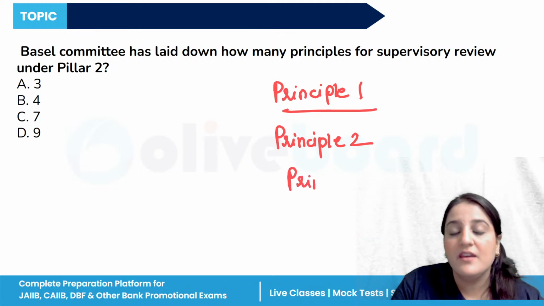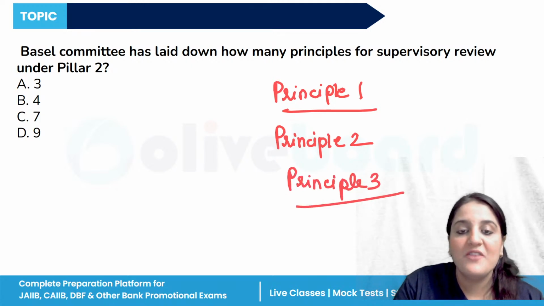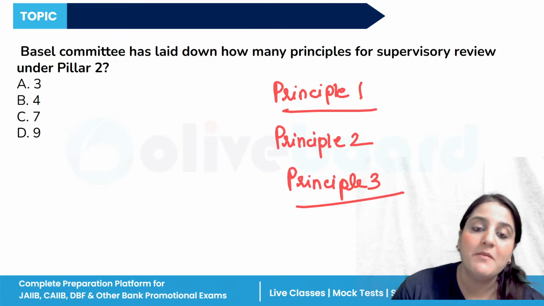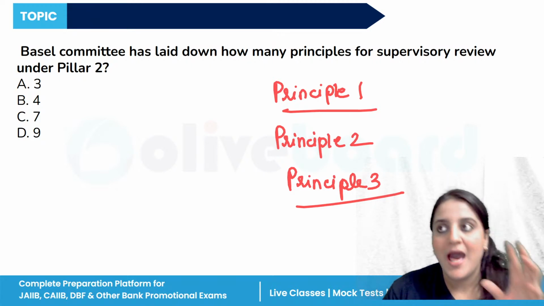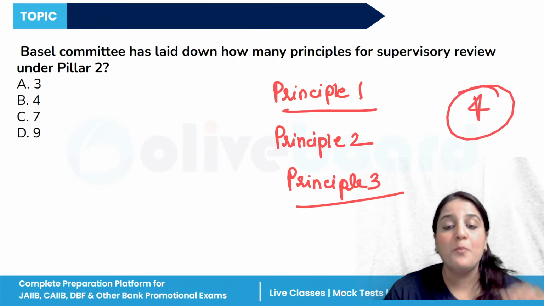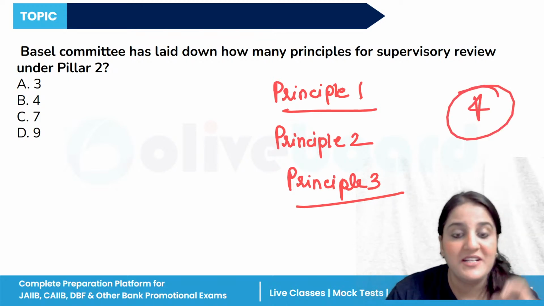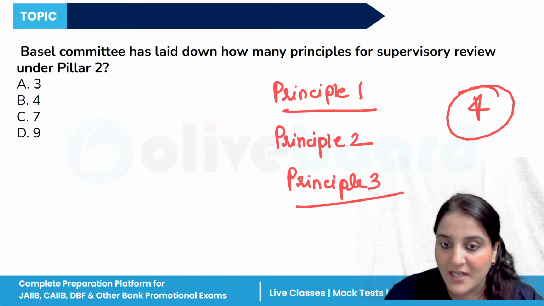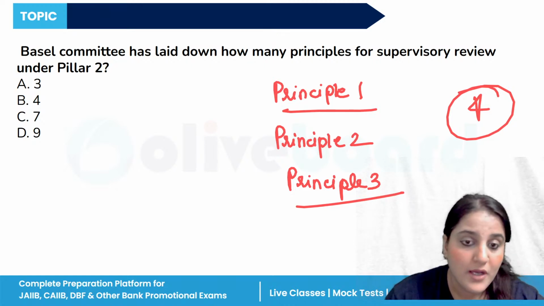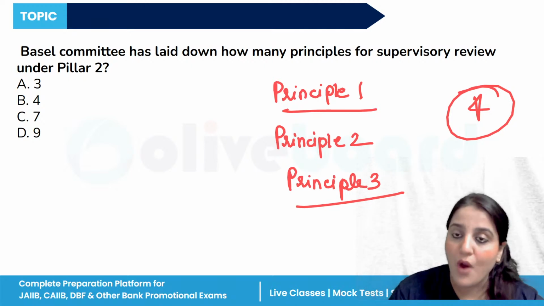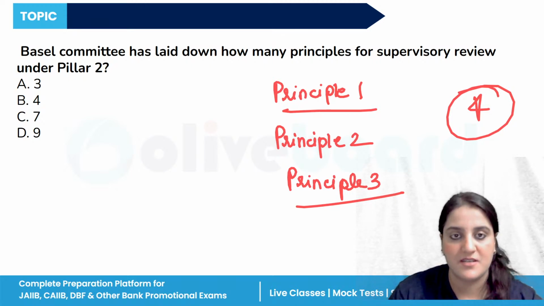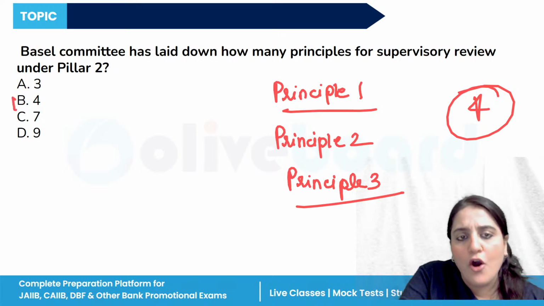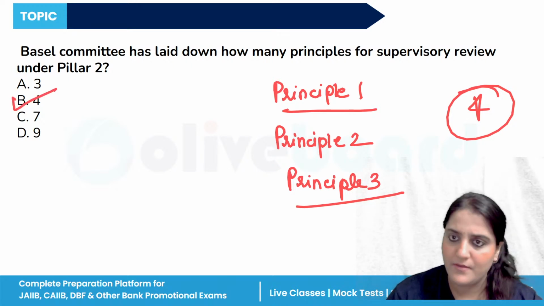Principle 3 is that supervisors should expect banks to operate above the minimum regulatory capital ratios. And principle 4, supervisors should seek to intervene at an early stage to prevent capital from falling below the minimum levels required to support the risk characteristics of a particular bank. So here we can say 4 principles are there.